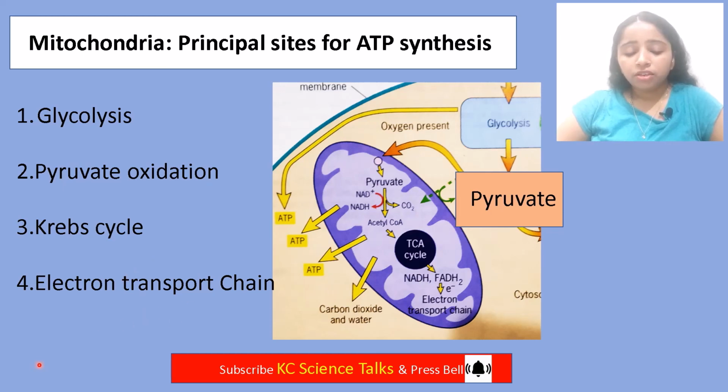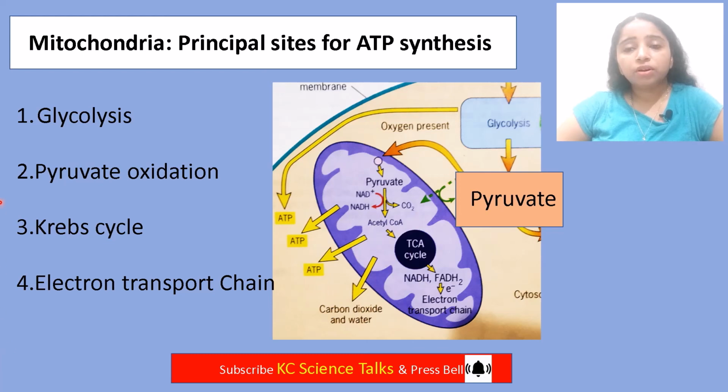These 3 steps together generate 30 ATP molecules, which is a huge number as compared to the 6 ATP molecules generated by glycolysis. So without mitochondria, a cell cannot extract energy from pyruvate. So mitochondria are very important for the cell.